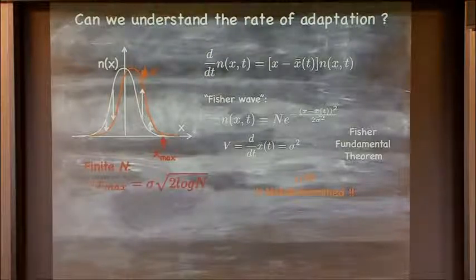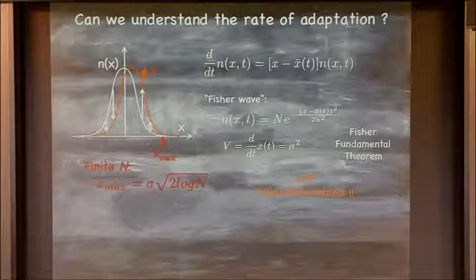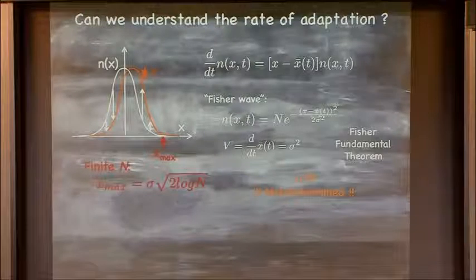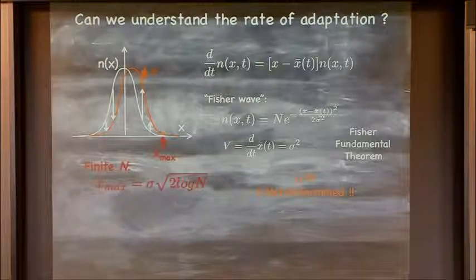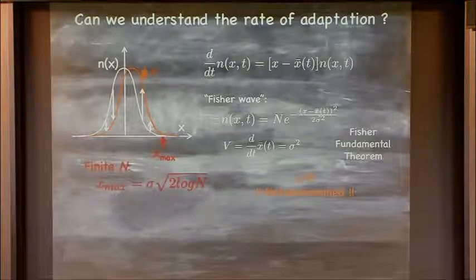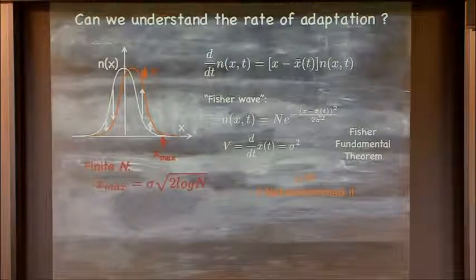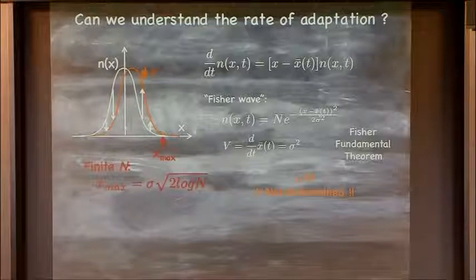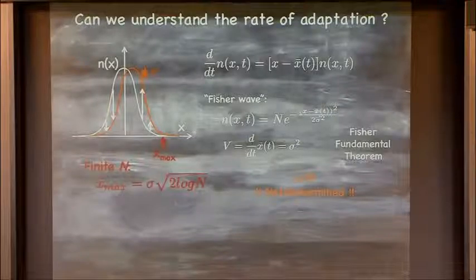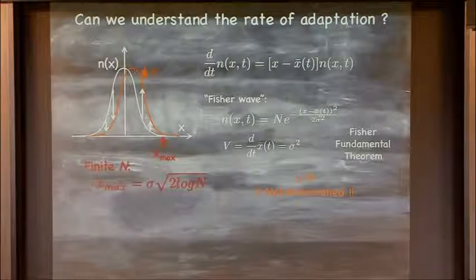So for a Gaussian with n samples, we know exactly what the expected value for this maximal fitness is in the sample, and it is only logarithmically or square root of a logarithmically dependent on the population size. And there'll be lots of logarithms of population size in this talk, and pretty much all of them are in one or the other way related to this fact. So relation between the width of a distribution and its leading edge.